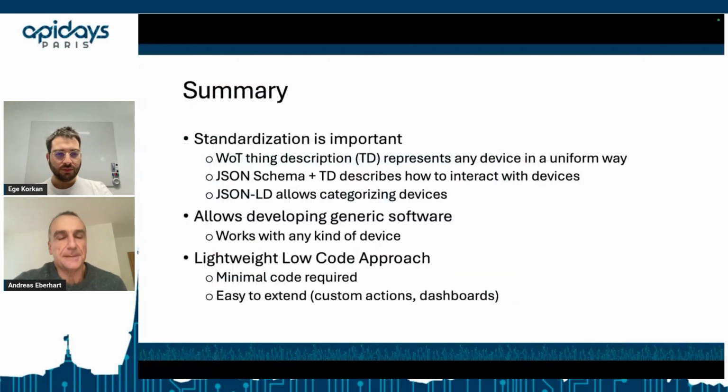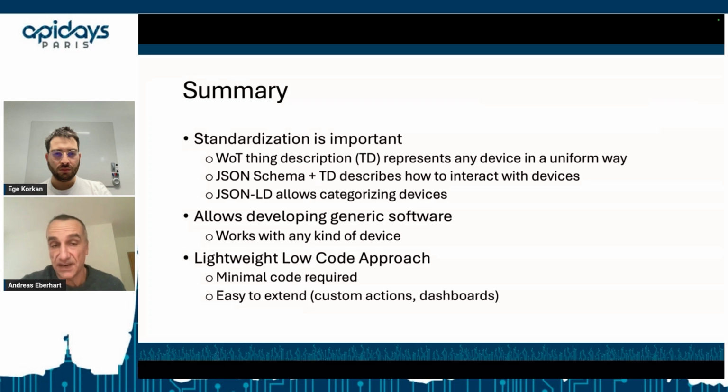Just a quick summary. Standardization is very, very important. So we have thousands of different types of devices in Web of Things and in the IoT space, and Web of Things really allows us to interact with them in a concise, homogeneous way.